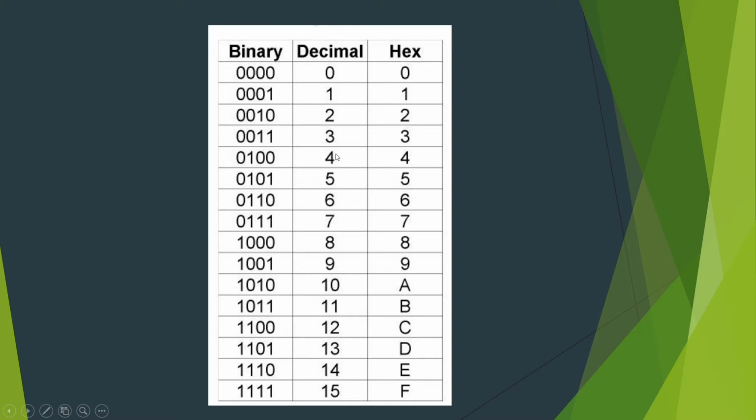It's pretty much self-explanatory because these are the numbers we use in our daily life: 0, 1, 2, 3, 4, 5, 6, 7, 8, 9. So decimal contains the numbers 0 to 9, and then after 9 it's the same process again. You put the 0 and put the 1 on the left hand side, and you pretty much repeat everything.